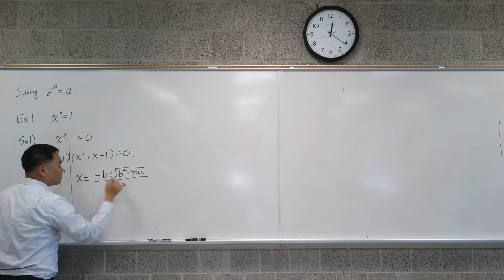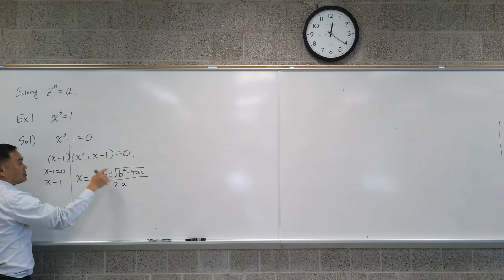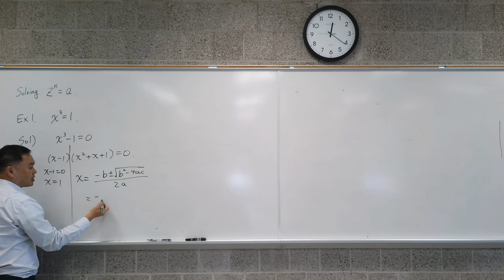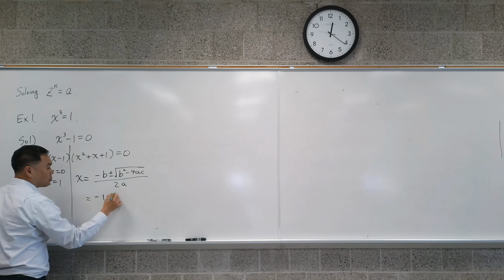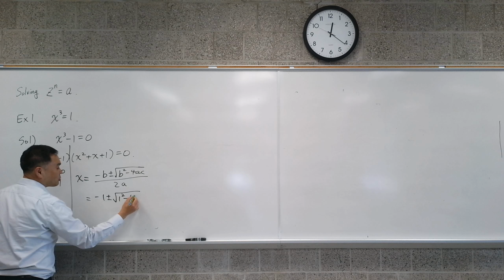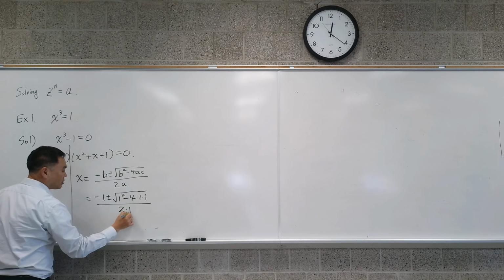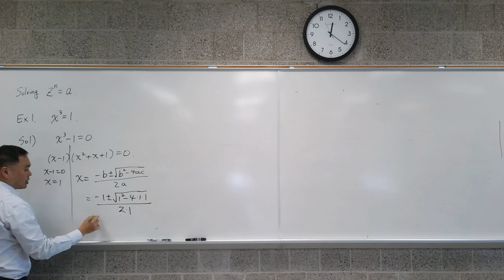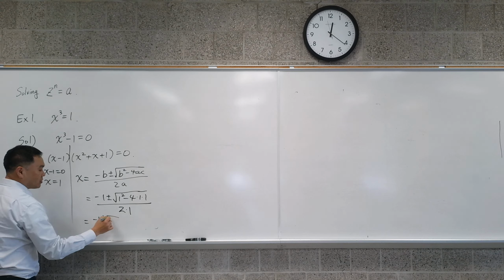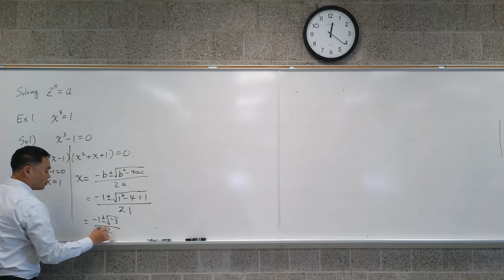So we get negative 1 plus or minus the square root of 1 squared minus 4 times 1 times 1, all over 2 times 1. And that gives you negative 1 plus or minus the square root of negative 3, over 2.